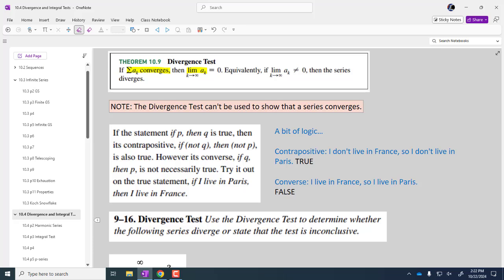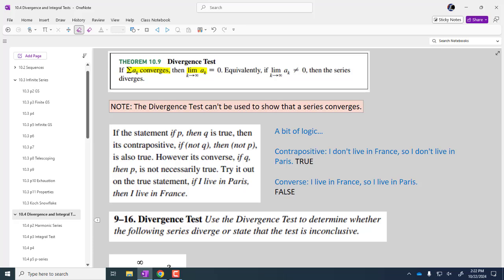You should be thinking about a ski slope that goes down to the x-axis really fast. So the terms have to be going to 0. If that limit's not 0, then we have divergence automatically. Everyone crystal clear on that?